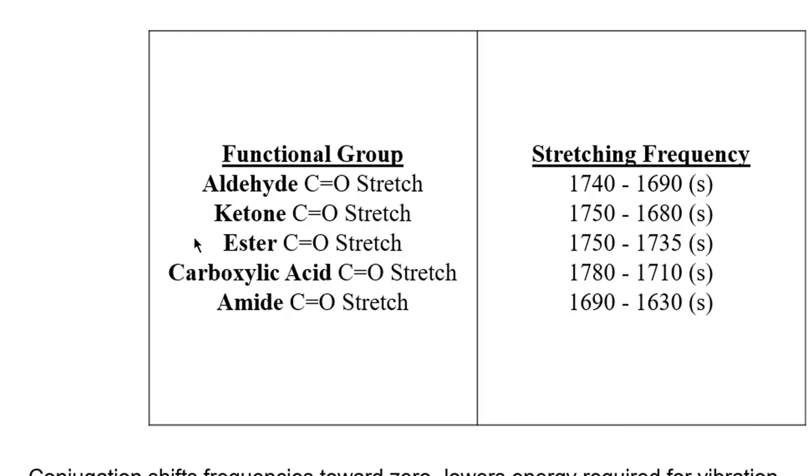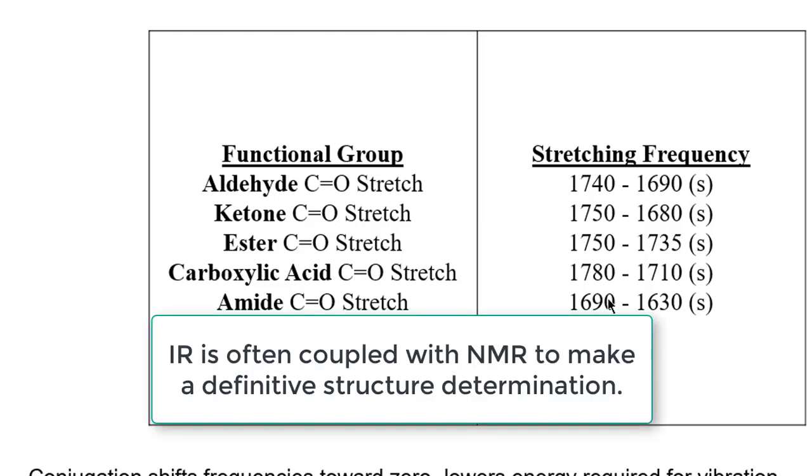Of course, you have a multitude of different types of carbonyls. You have aldehydes, ketones, esters, acids, amides, and they all show up in the same range. It's very difficult to tell them apart. Again, infrared only tells you what's there, so you need another spectroscopic method to determine with specificity what's there.